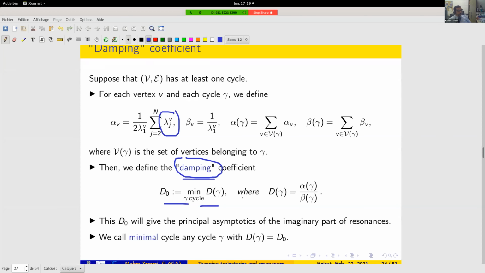D0 here is the principal part of the imaginary part of the distribution. And here we call minimal cycle the cycle that gives us D0. Of course here the cycles are finite because you have a finite graph.